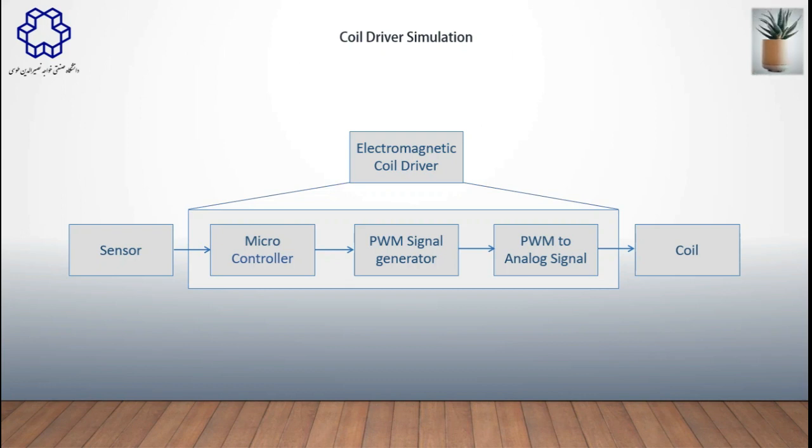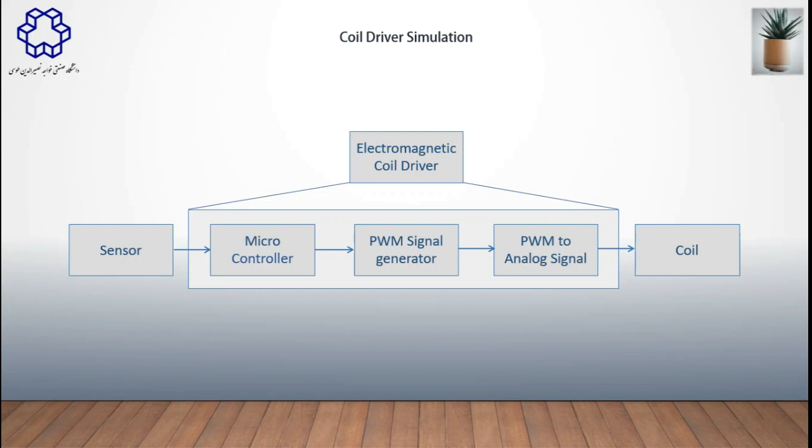Inside the electromagnetic coil driver, a microcontroller like STM32 or AVR can produce a PWM signal. The PWM signal for driving the coil needs to be a higher level input for the coil, like 12 volt or 24 volt, to drive the coil.